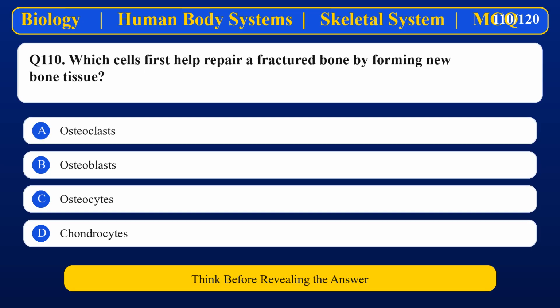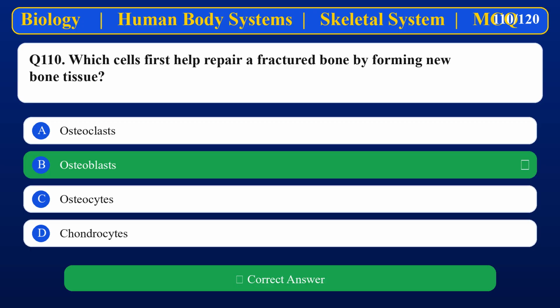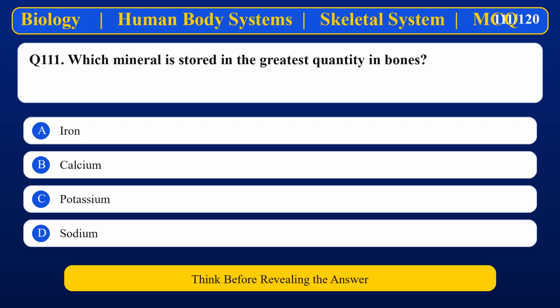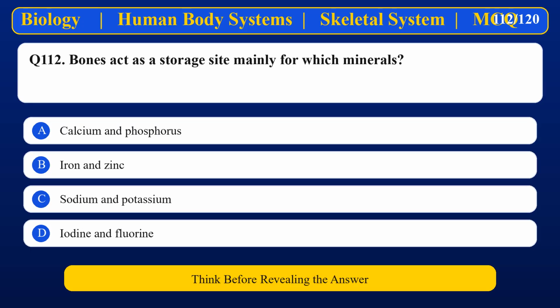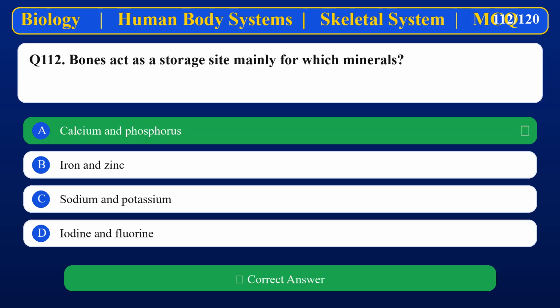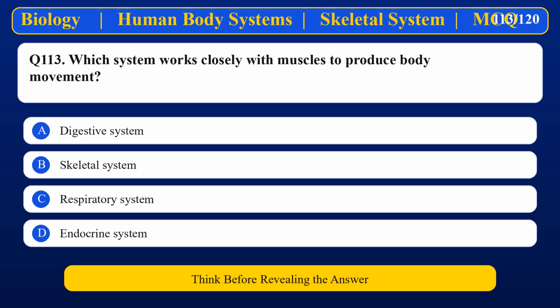Which cells first help repair a fractured bone by forming new bone tissue? Osteoblasts. Which mineral is stored in the greatest quantity in bones? Calcium. Bones act as a storage site mainly for which minerals? Calcium and phosphorus. Which system works closely with muscles to produce body movement?